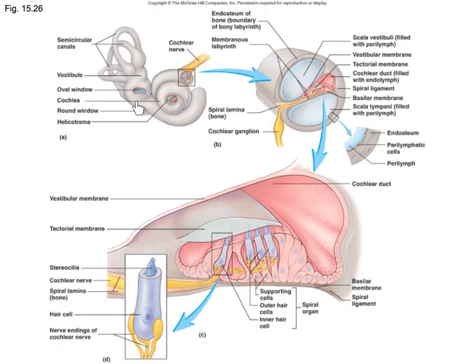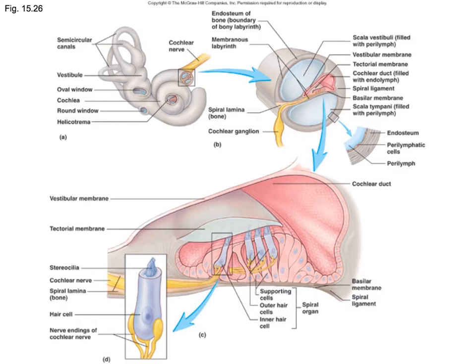So here we see the oval window, and as it vibrates, it vibrates the fluid inside of the cochlea. The fluid is the scala vestibuli fluid, and as that scala vestibuli fluid vibrates, it would cause this vestibular membrane to vibrate.